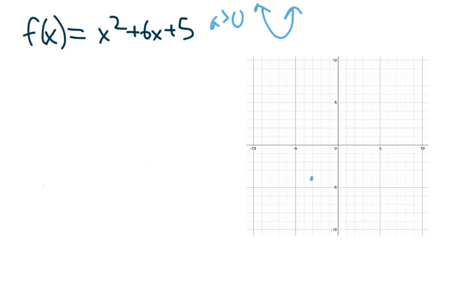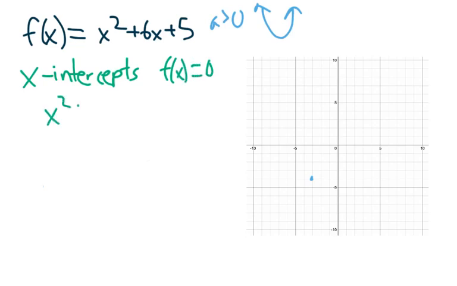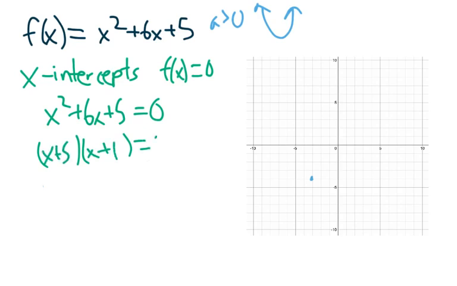Now I'm going to find my x-intercepts. We set f of x equal to 0. So x squared plus 6x plus 5 equals 0. To solve it, I have to factor. I'll have x plus 5, x plus 1 equals 0, so x equals negative 1, x equals negative 5.